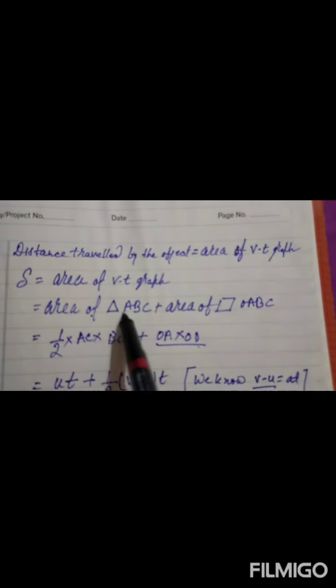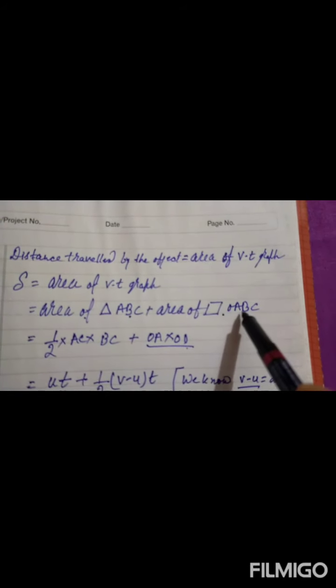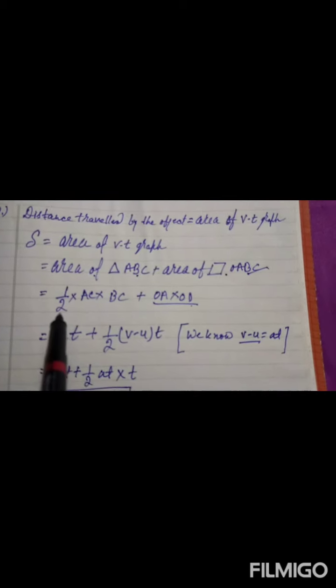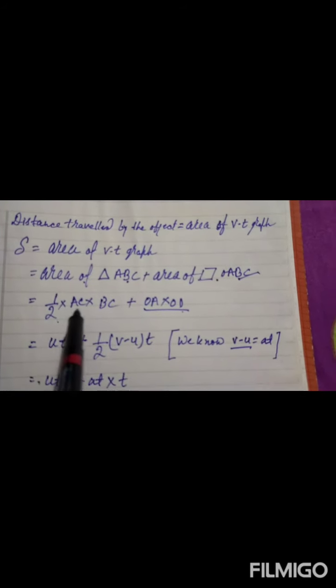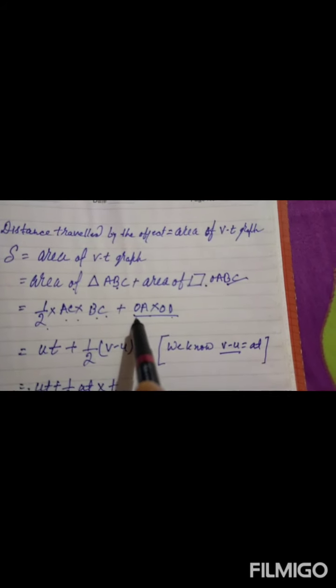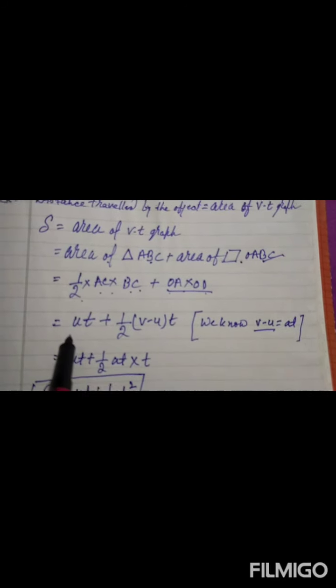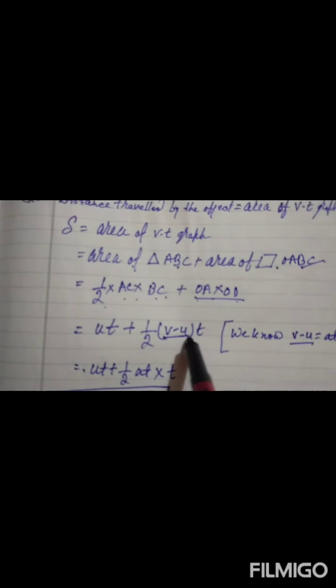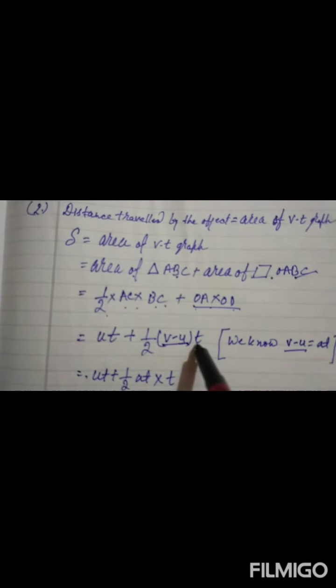Using the formula, the area of a triangle is 1 by 2 into base into height, and the area of a rectangle is length into breadth. Length is u and the breadth is t. So length into breadth becomes ut, and 1 by 2 at into t. 1 by 2 into v minus u, where v minus u is the height and t is the base.